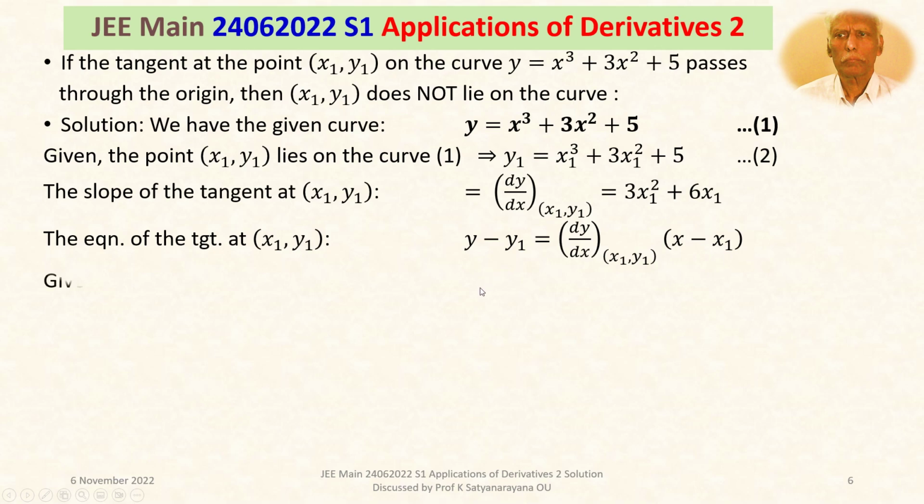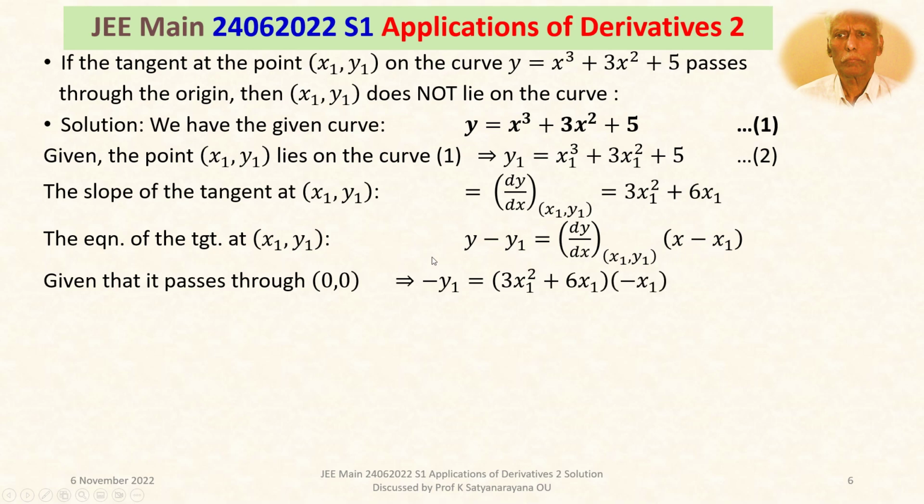Substituting, this is the equation of the tangent, and it is given that it passes through 0, 0. So put x is equal to 0, y is equal to 0 in the above equation. We will get minus y1 is equal to 3x1 square plus 6x1, that is the derivative at x1, y1, multiplied by 0 minus x1, that is minus x1.